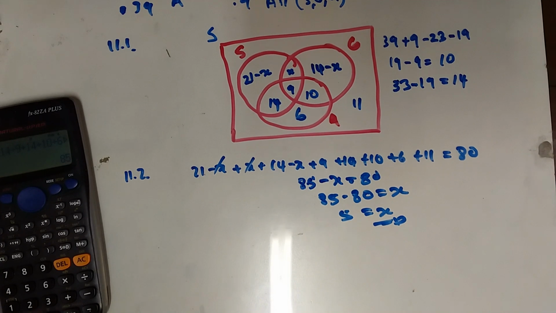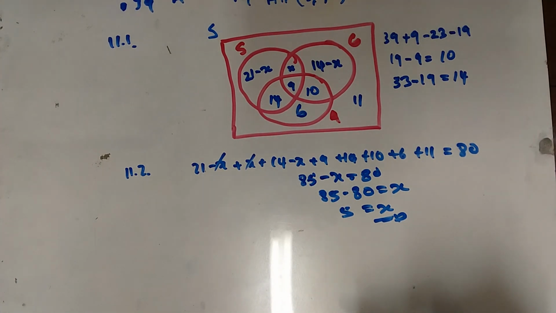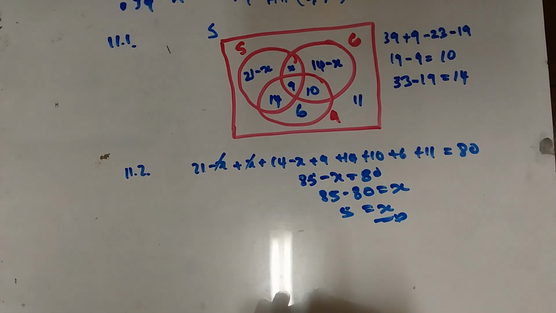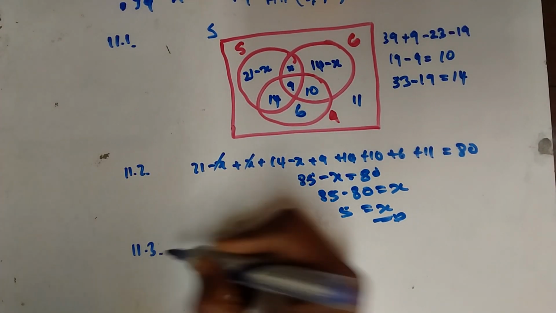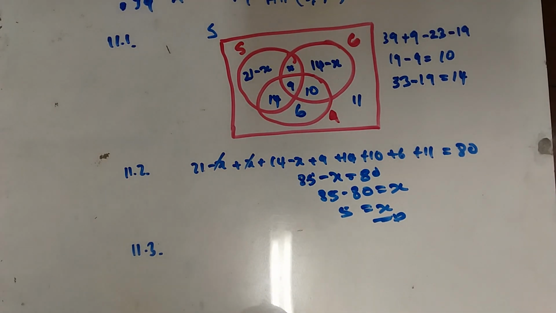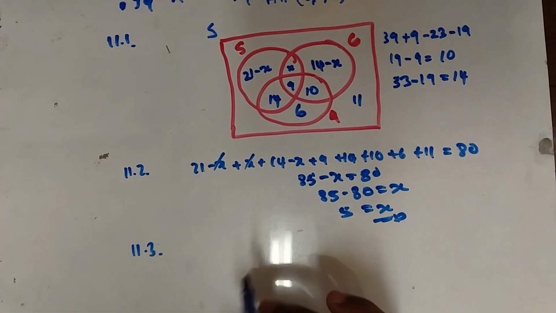Now they say, what is the probability that the participant chosen at random will participate in at least 2 of the 3 events? Wow, this is a nice question. I love such questions. So we need to find that probability.